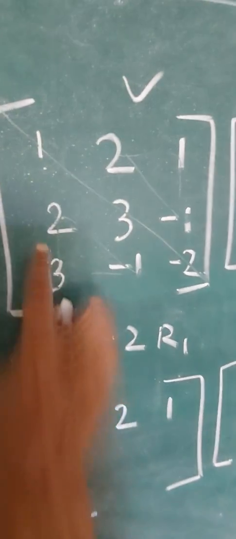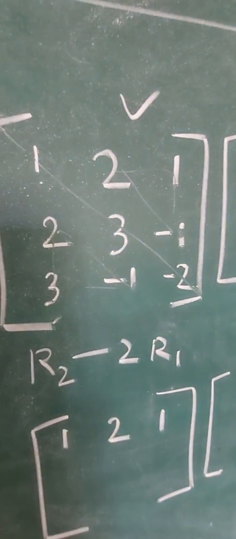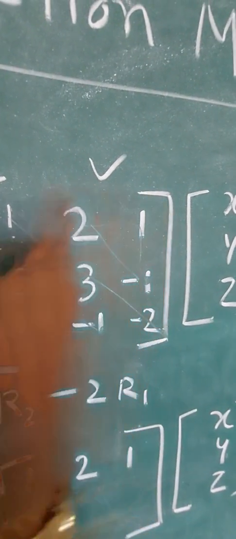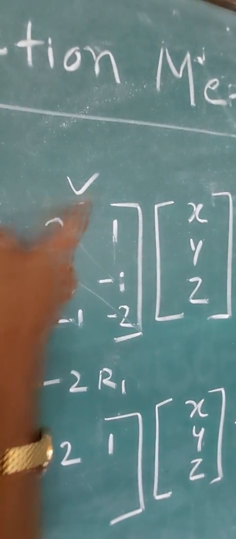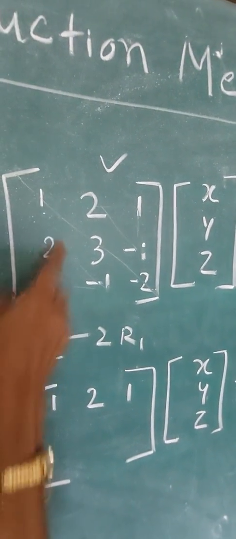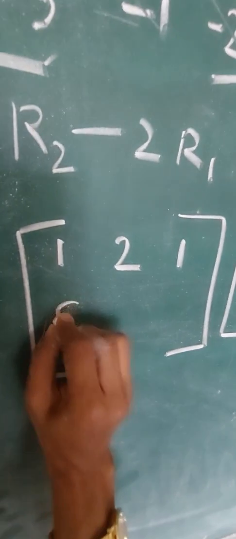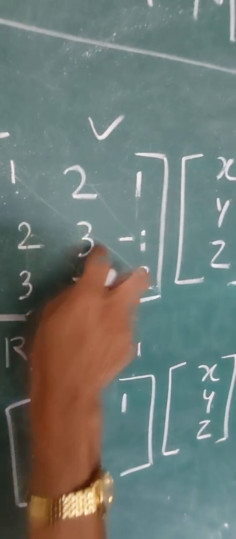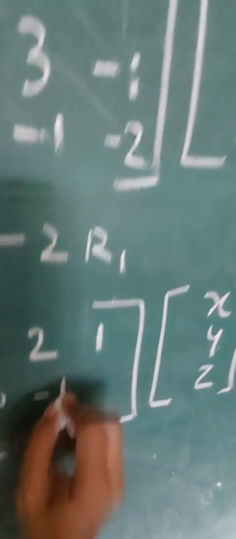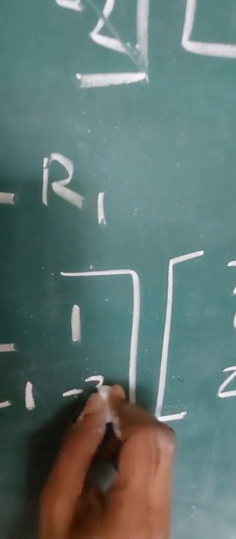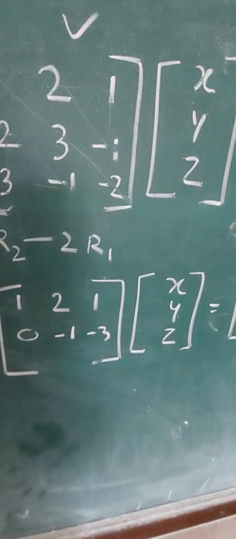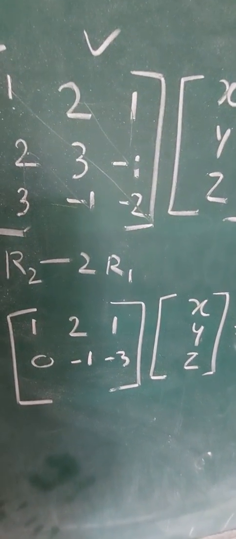We are going to do R2 minus 2R1. That is, this 1, 2, 1 will be, 2R1 means, 2, 4, 2. 2 minus 2, 0. 3 minus 4, minus 1. Minus 1 minus 2, minus 3. So, we have changed R2.